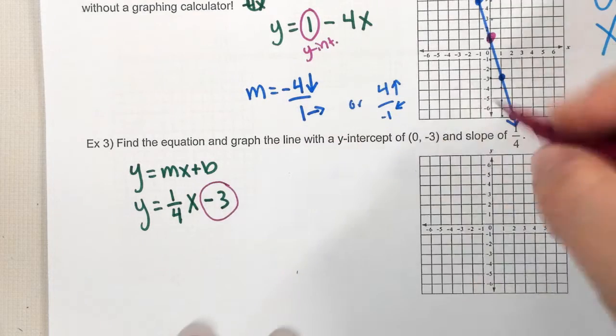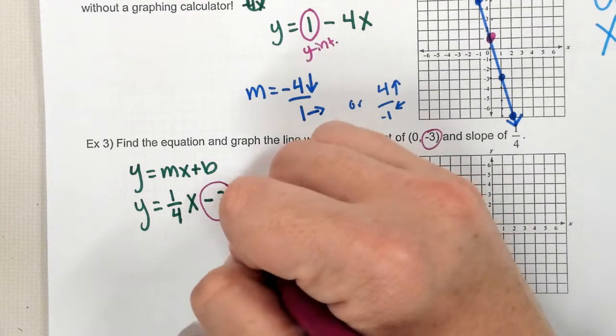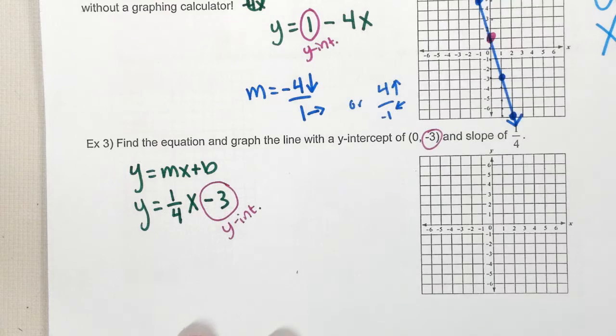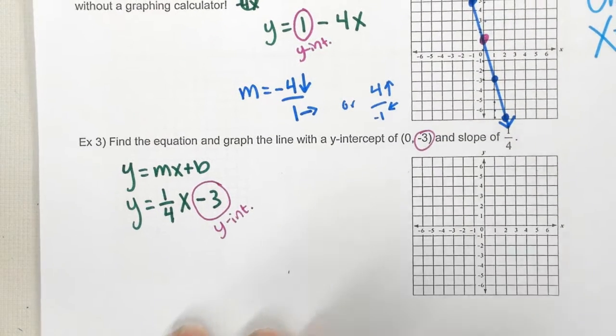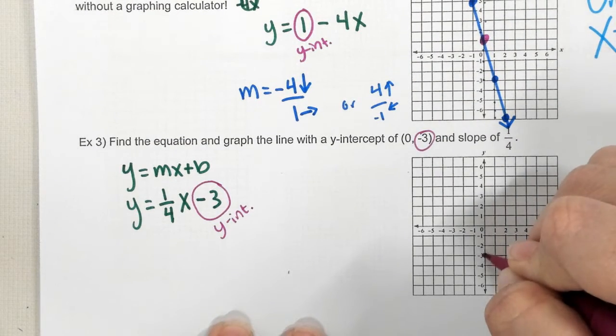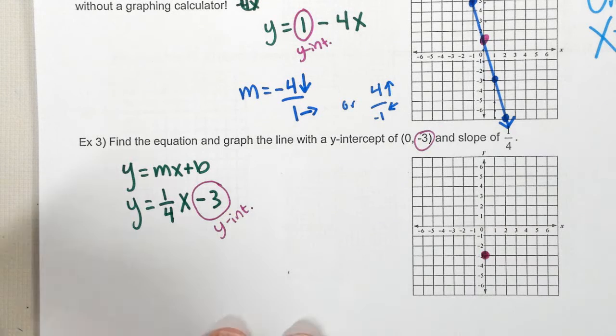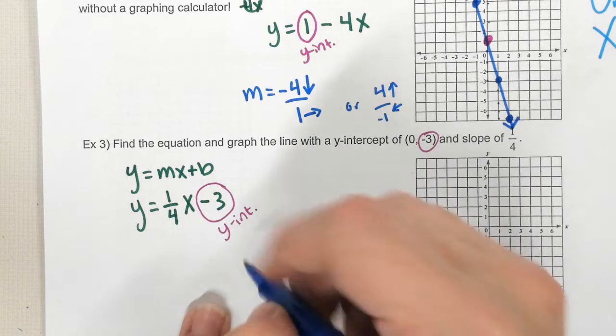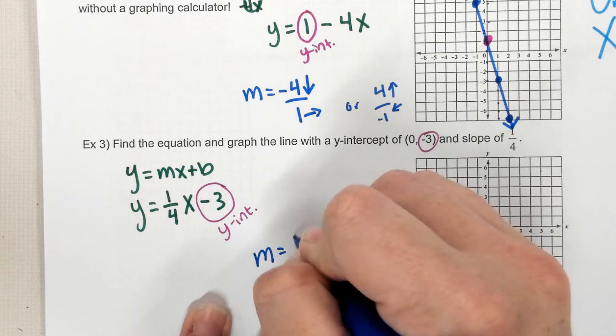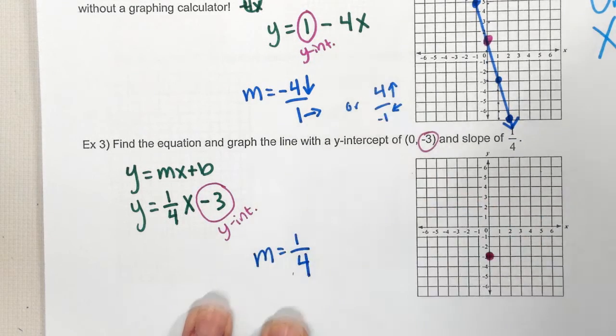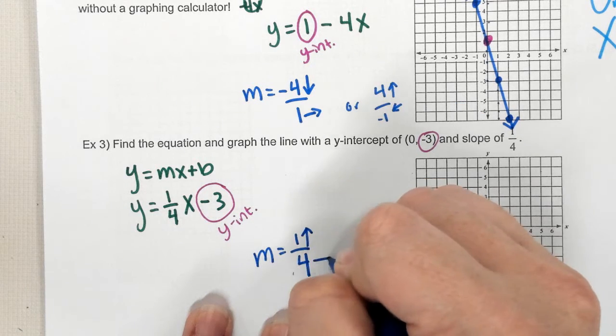So you can look here or here. So on my y-axis, I'm going to go to negative 3. And what's my slope? And it's positive, positive, so I'm going to rise 1, run 4.